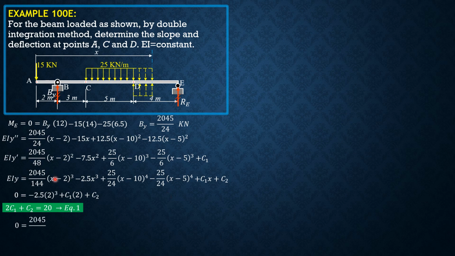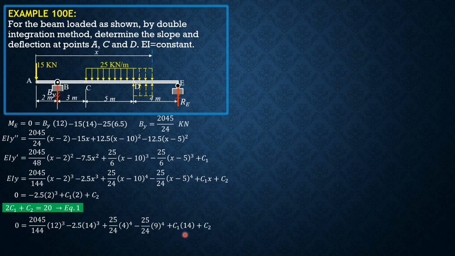So 0 equals 2045 over 144 times 12 cubed, since 14 minus 2 is 12, minus 2.5 times 14 cubed, plus 25 over 24 times 4 to the fourth. And minus 25 over 24, 14 minus 5 is 9, times 9 to the fourth, plus C sub 1 times 14 plus C sub 2.